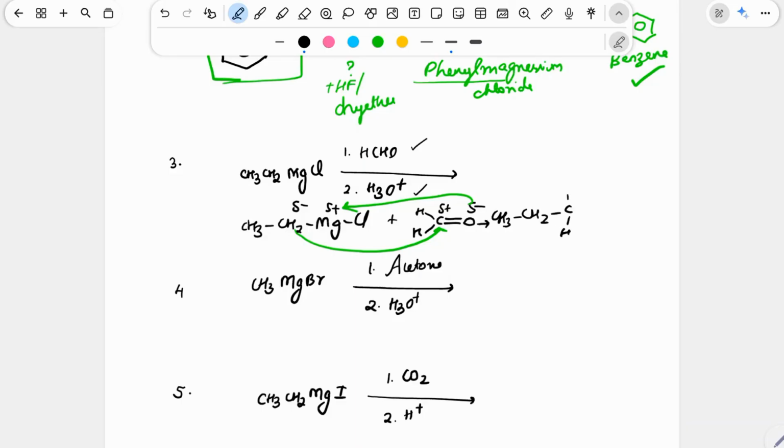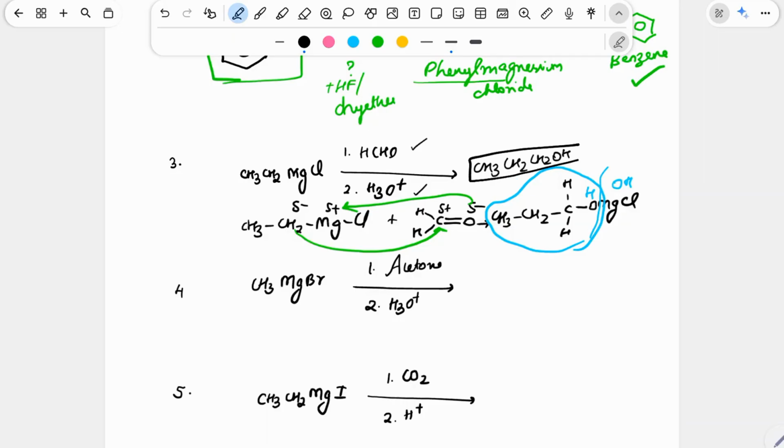And the addition product will be CH3CH2C, already it has 2 hydrogens, OMgCl. Next, on hydrolysis, we can get this alcohol, nothing but CH3CH2CH2OH, that is propanol.